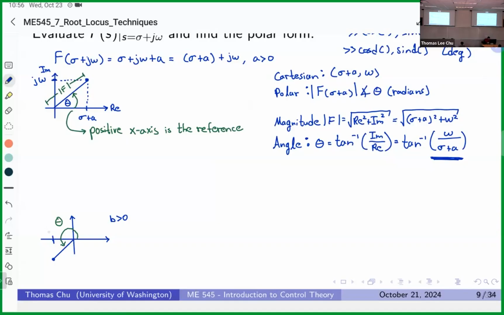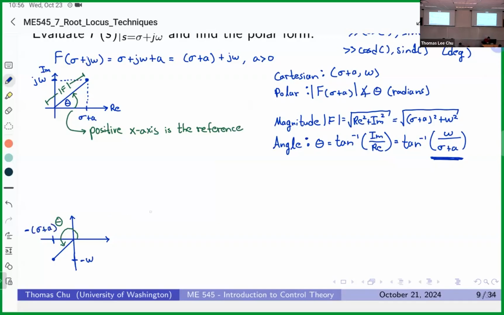Or let's just do minus b here. And this is just omega, minus omega. Nah, sorry. I'm going to do minus sigma plus a. I'm going off script right now.